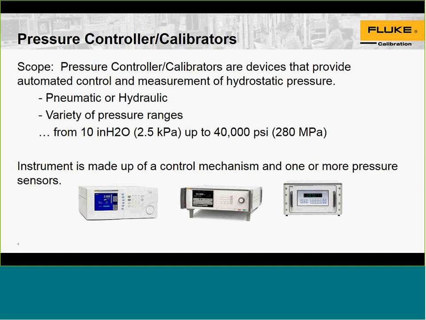Examples of some pressure controllers that Fluke manufactures are on the bottom. Starting at the far left is the 7050 series controller, formerly Ruska Instruments, which uses quartz Bourdon tube sensing technology. This controller can be configured with any range from about 5 kPa, or 10 inches of water, up to about 20 psi with the QBT, or 1,000 psi with a quartz reference pressure transducer.